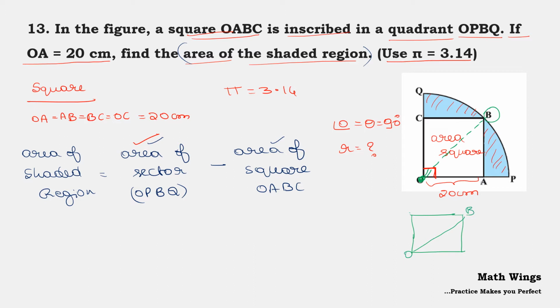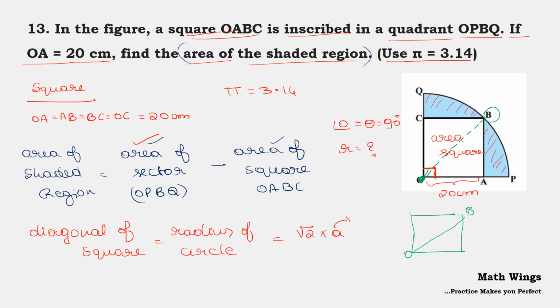So what is the formula to find the diagonal of the square? The diagonal of the square, which is equal to the radius of the circle, is root 2 into a, where a is the side of the square.